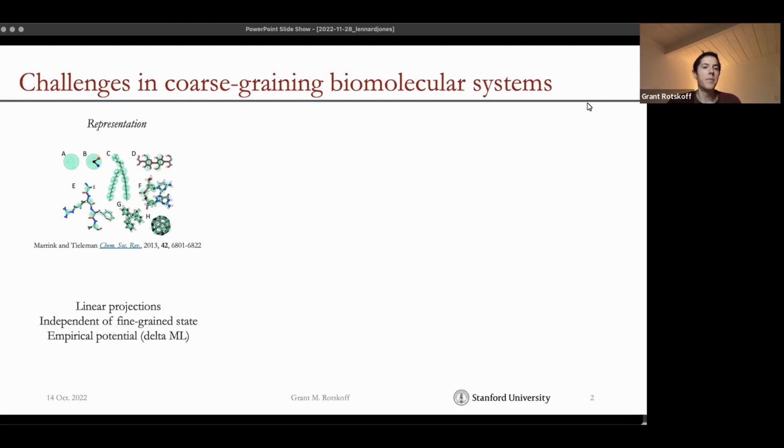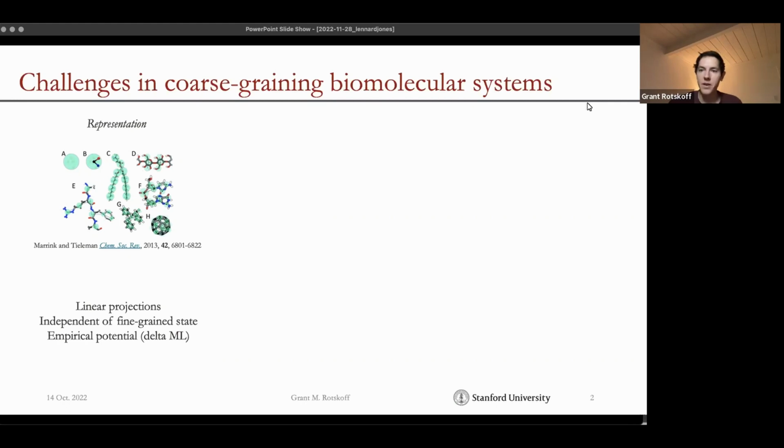One famous coarse-grained model is the Martini model, which is a very popular representation of lipids that's used ubiquitously.